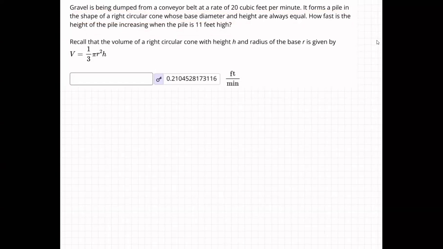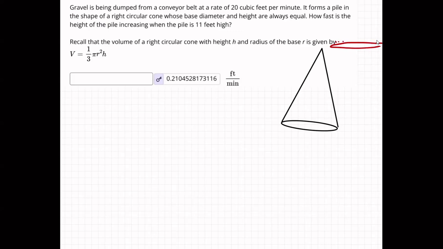Well, we've got this cone. So we got this conveyor belt. The belt comes out here from the wall, and gravel is on it.